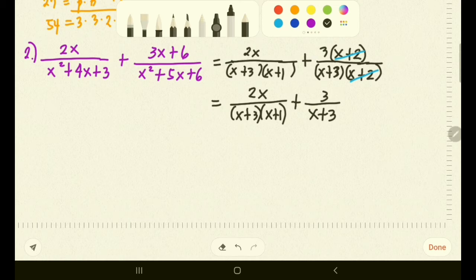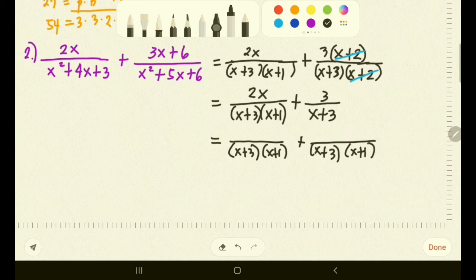So now we could have the LCD. Let's find the LCD. So first, in finding the LCD, you look for their common factor, which is x plus 3. Okay, drop it. And then next, you get their non-common factor, that would be x plus 1. So that is the LCD.